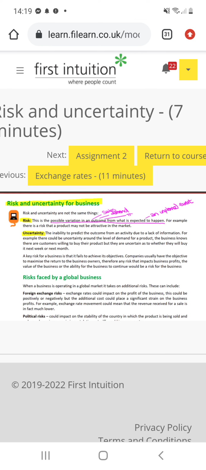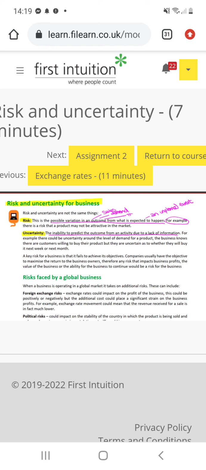And we have the example here. There is a risk that a product may not be attractive in the market. Now, we can usually quantify these risks because we would have had some past experience of this. Another one would be a risk of recession. Uncertainty is the inability to predict the outcome from an activity due to lack of information.